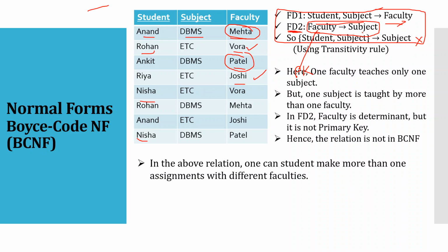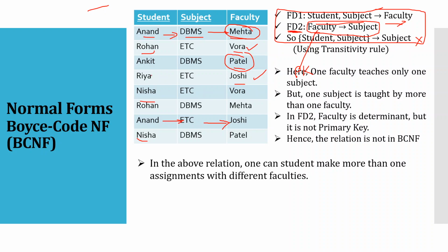Now in the above relation, one student can make more than one assignment with different faculties. Yes, it is possible. Anand is doing one assignment of DBMS with Mehta sir. Anand is doing an assignment of ETC with Joshi sir.